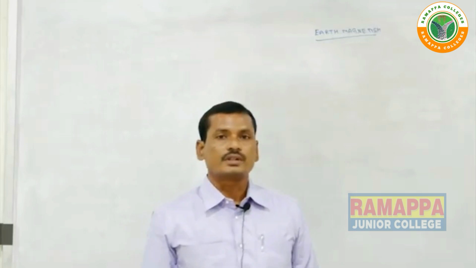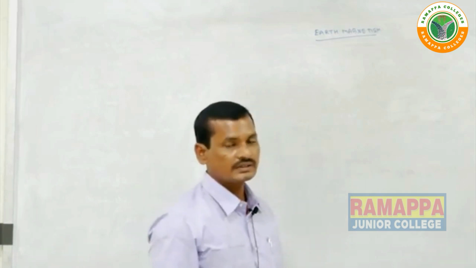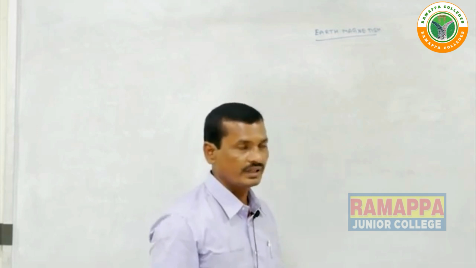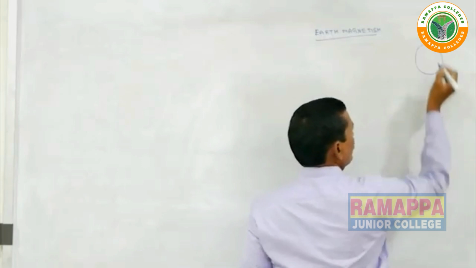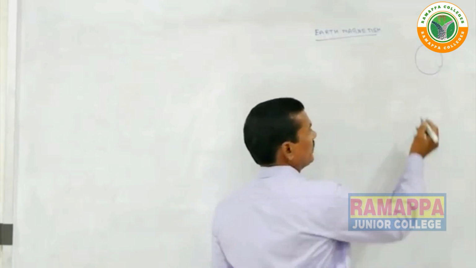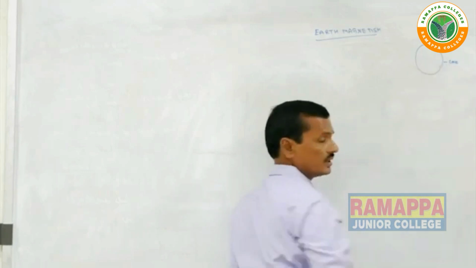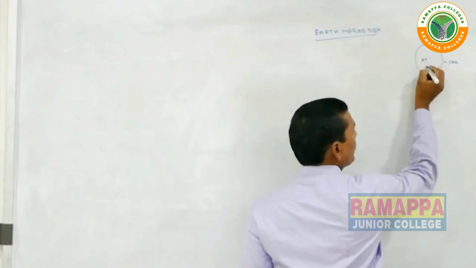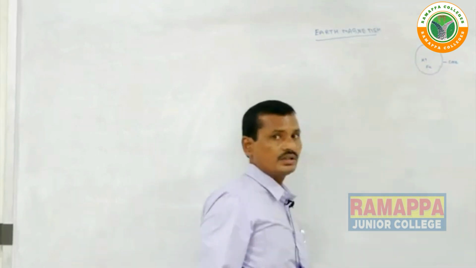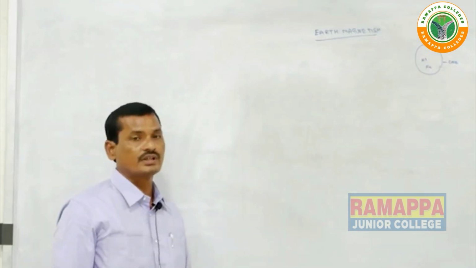And the next topic is earth magnetism. In the introduction, we already said earth acts as a huge magnet. Why? The inner part of the earth, that is the core of the earth, contains nickel and ferrous ions. These nickel and ferrous ions are in the form of fluids.